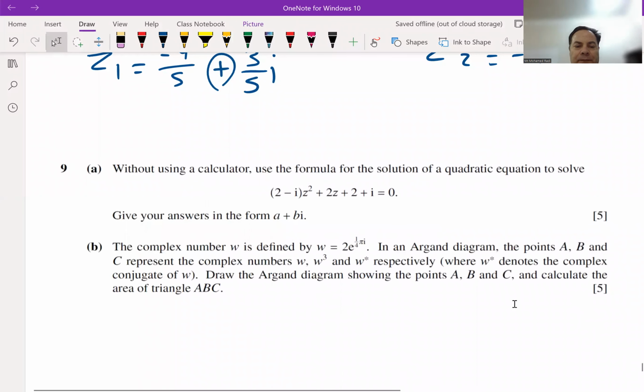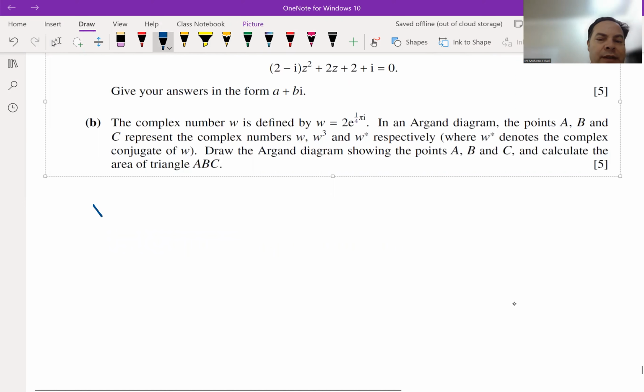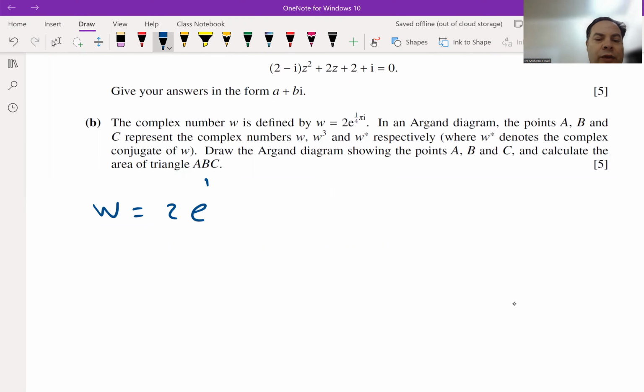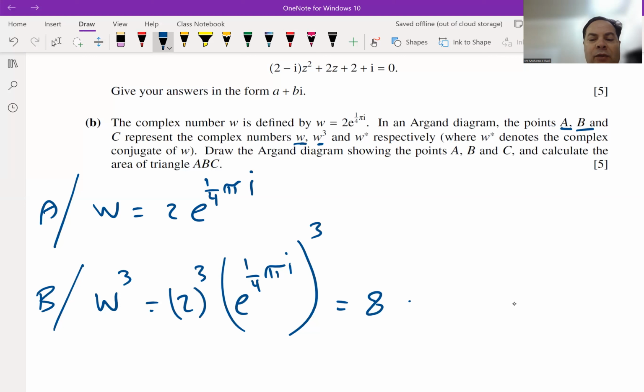Part B, the complex number W is defined by W is 2e to the power of pi over 4 times i. In the Argand diagram, points A, B, and C represent W. So this is the point A. Point B is W to the power of 3, so 2 to the power of 3 and e to the power of pi over 4 i also to the power of 3, simplified will be 8e to the power of 3 pi over 4 i.